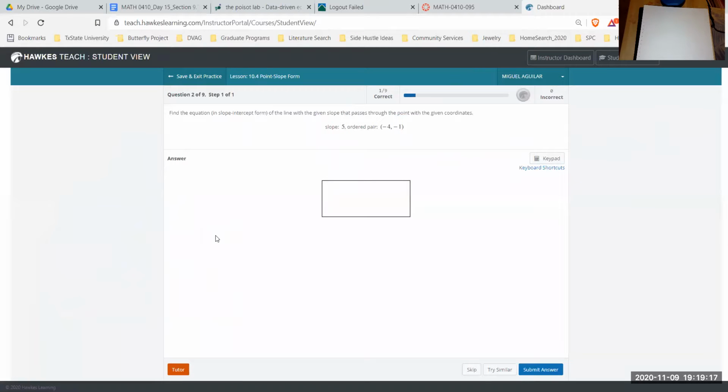Okay, so notice that they're saying in this one, find slope-intercept form. So as soon as I read that, I'm thinking to myself, let me go ahead and write that equation down, just so I have the bones laid out. Y equals mx plus b, that's slope-intercept form. But this time they've given us a slope that is 5, which is fine, nice, it's a whole number.